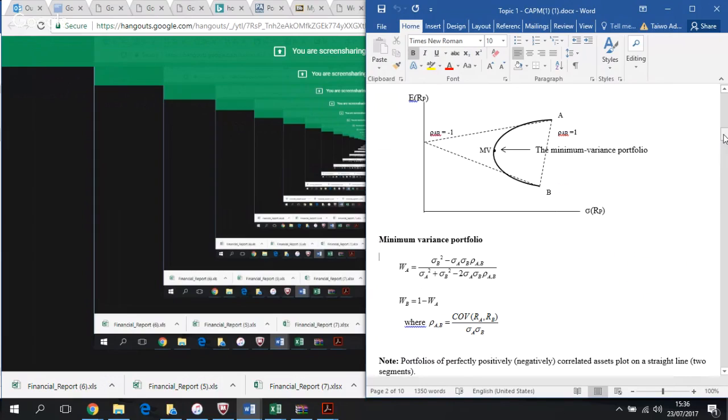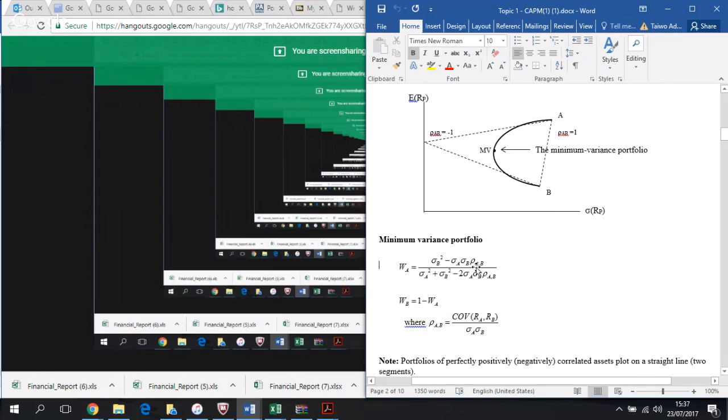So what is WA actually giving? The actual minimum variance for portfolio A? No, it's the weight of A to figure out the minimum variance. I don't think it's a derivation.